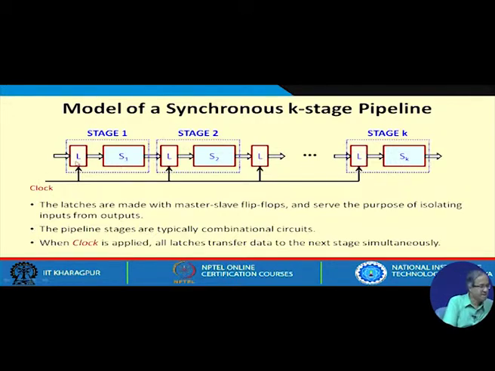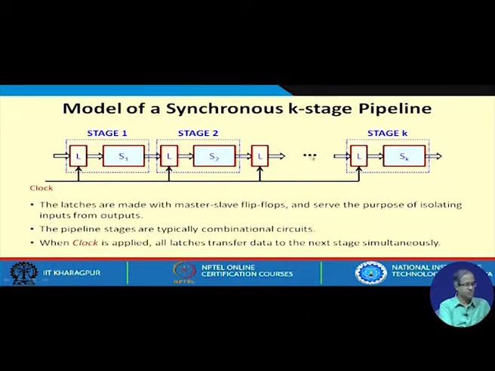What does the latch do? The latch will temporarily store the result of the previous stage before the next stage is ready to accept it, and the clock will be generating an active signal periodically, and the clock period will be large enough so that all these stages can finish their computation, and also it should take care of the delay of the latch. Okay, this we shall come to a little later, how the clock frequency or the clock period can be calculated.